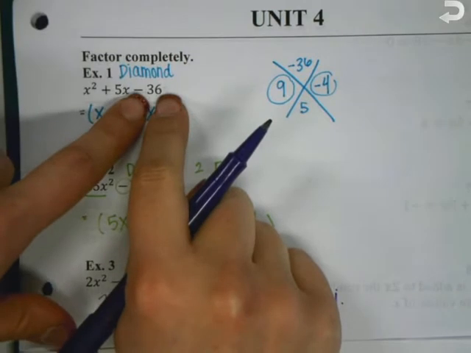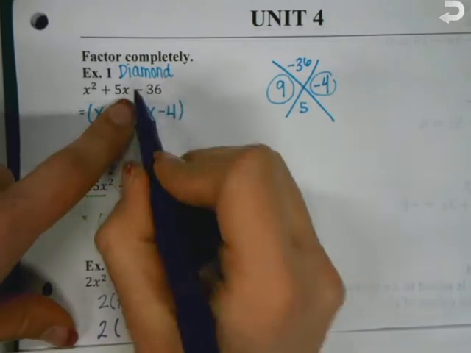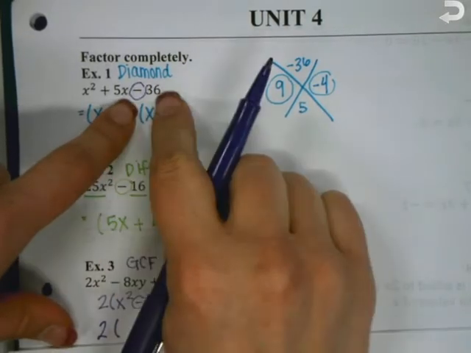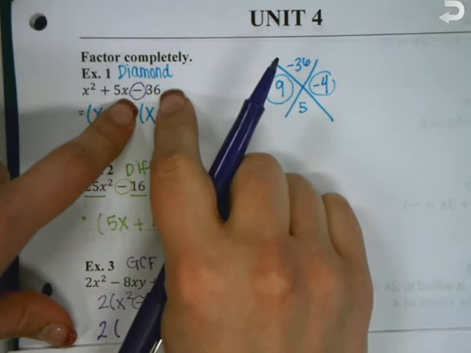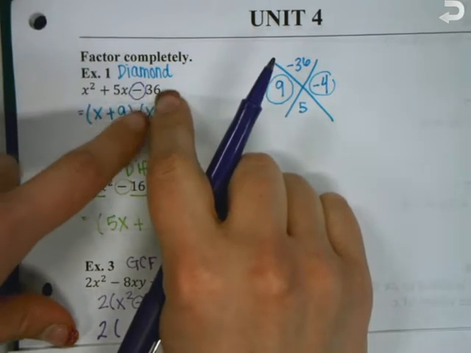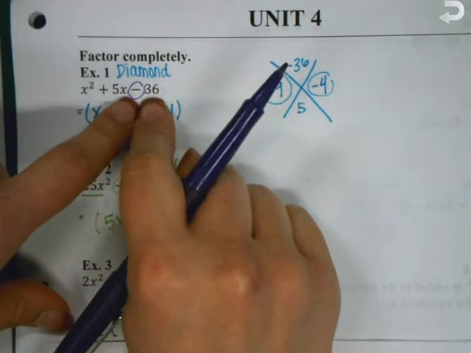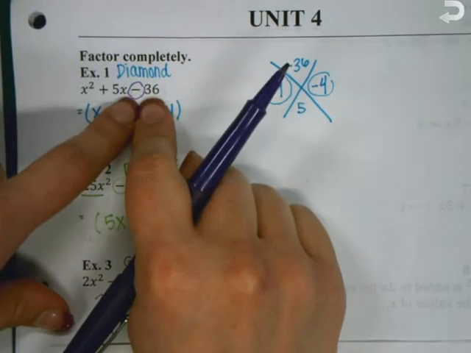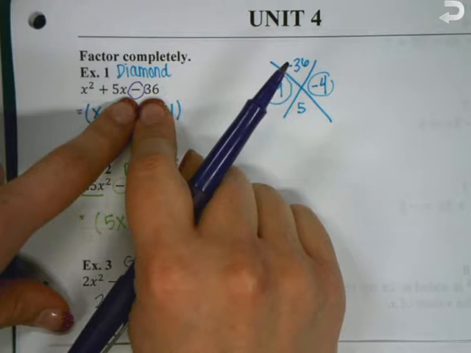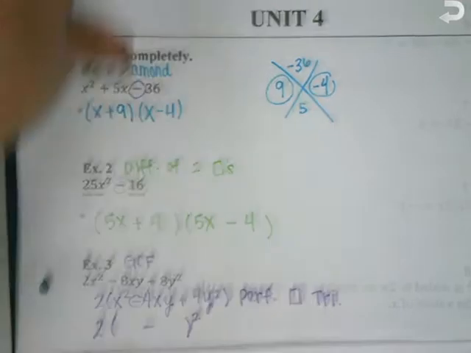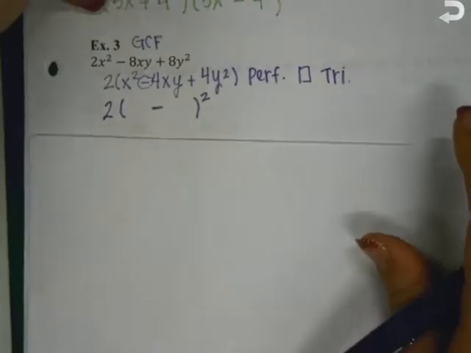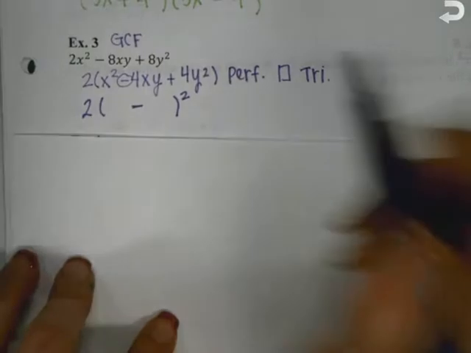Because 36 is negative. The last term always must be positive in order for it to work. So that's why it's not a perfect square. We could actually look at this as not a 36 but a negative 36, and that's not a perfect square. So that's the reason why example 3 is a perfect square trinomial, because it's a positive 4y squared. Does that make sense? Okay.